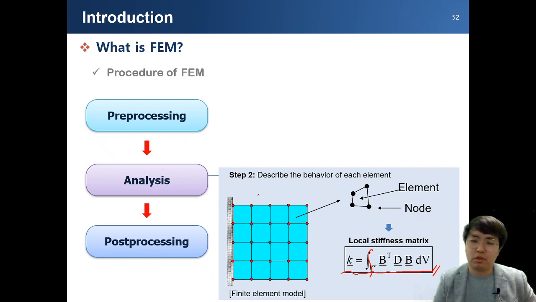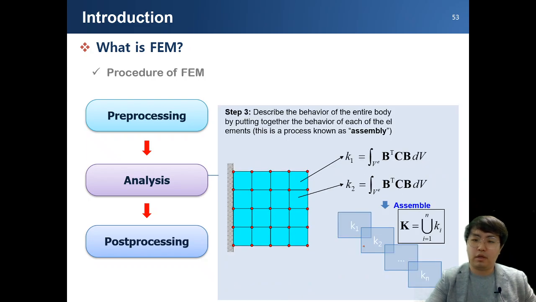The governing PDE shows a good result in the whole domain, however our numerical result always shows some error compared to the exact solution. Using integration, we can divide the continuous part into very small pieces. After obtaining the local stiffness matrix for each element, the next step is assembling.